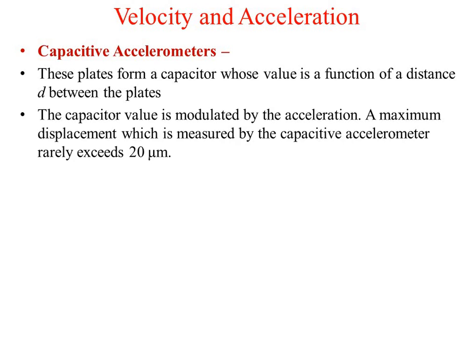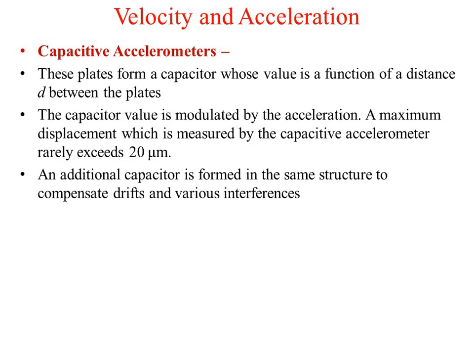So what is the value of displacement that you can measure with such kind of accelerometer? With the capacitive accelerometer, you can measure up to 20 micrometers. So you can measure a displacement of 20 micrometers with the help of a capacitive accelerometer.